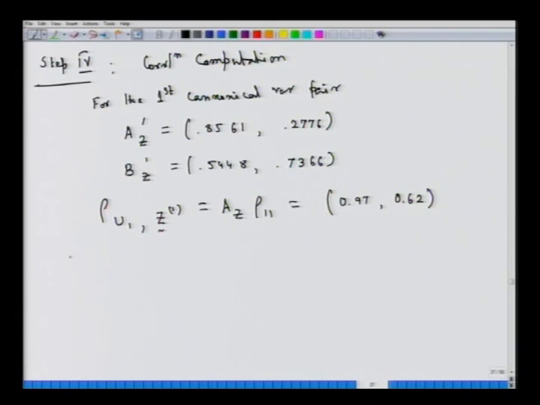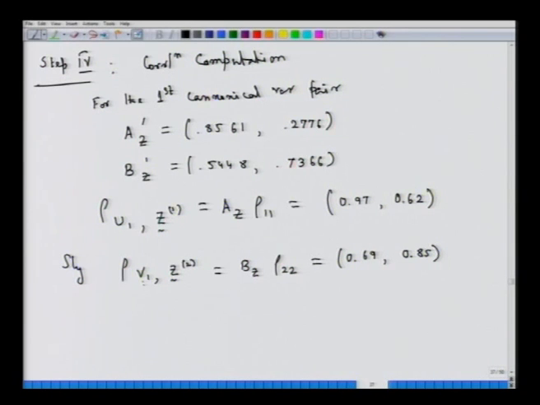Similarly, one can obtain the other terms, like the correlation between V1 and the second component of that z vector, from where V1 is derived. As per the theoretical notations, this was given by Bz times rho 2 2. This turns out to be that the coefficients of this vector are 0.69 and 0.85.